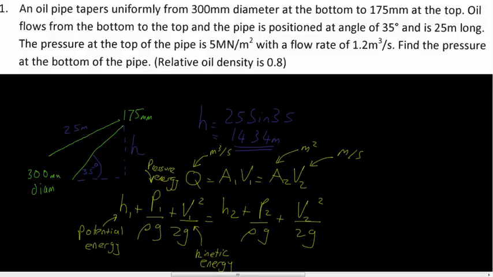Basically, what Bernoulli's equation is saying is that the sum of the potential, the pressure and the kinetic energy at one point in a fluid system must equal the potential, the pressure and the kinetic energy at another point in the system. Remember we said energy cannot be created nor destroyed, it can only be transferred.